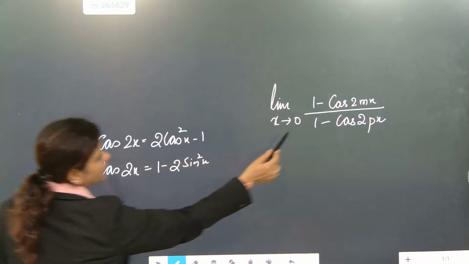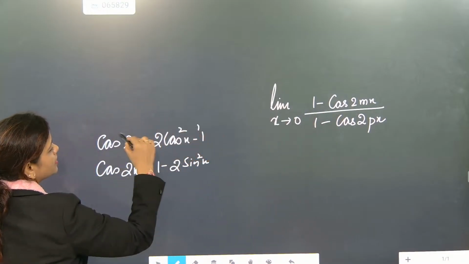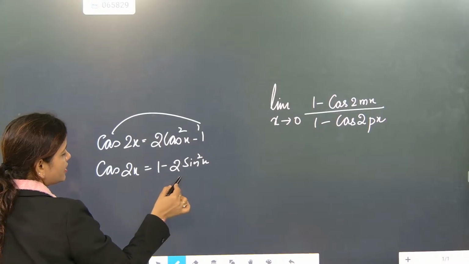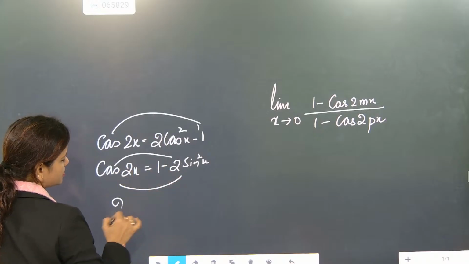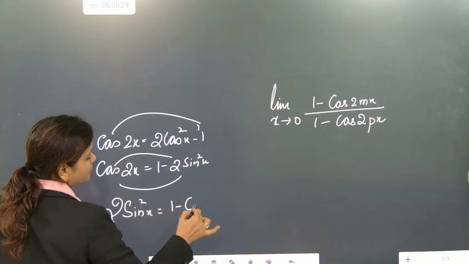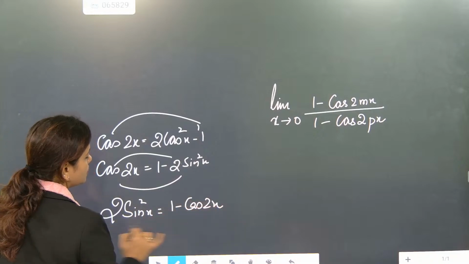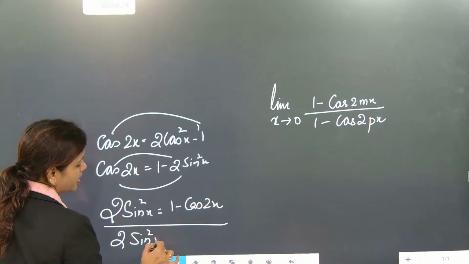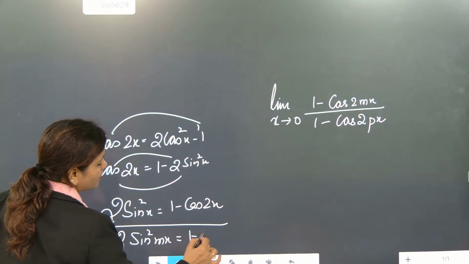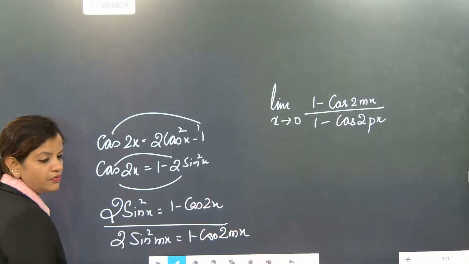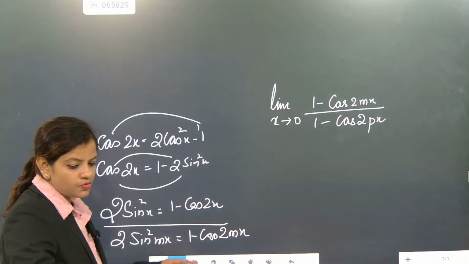If I shift this one to this side, it comes as 2 sine square x is equal to 1 minus cos 2x. Now here I write 2 sine square mx is equal to 1 minus cos 2mx. Check very carefully.